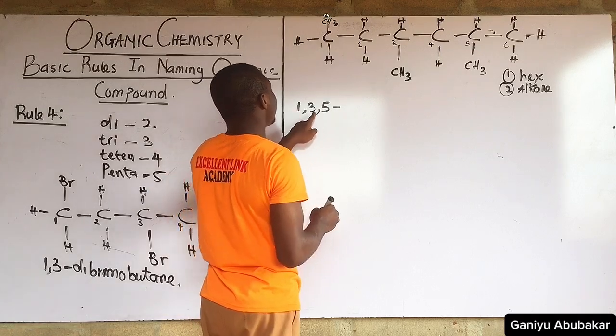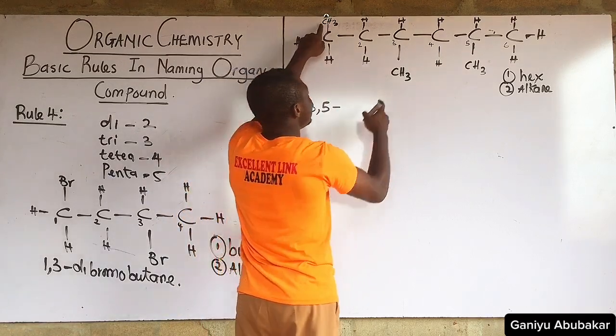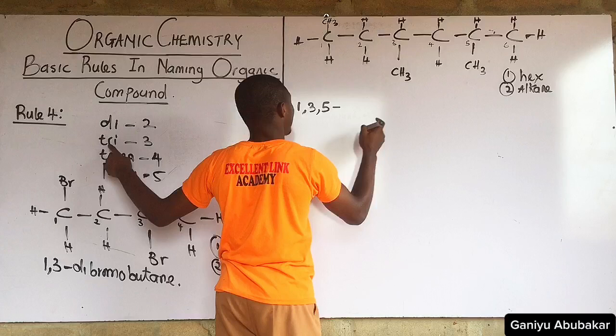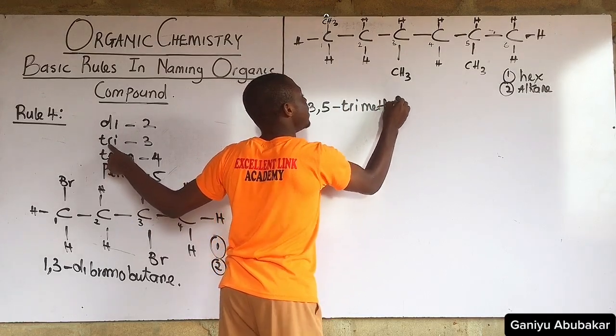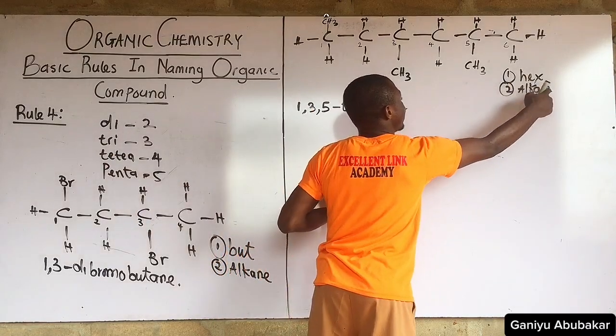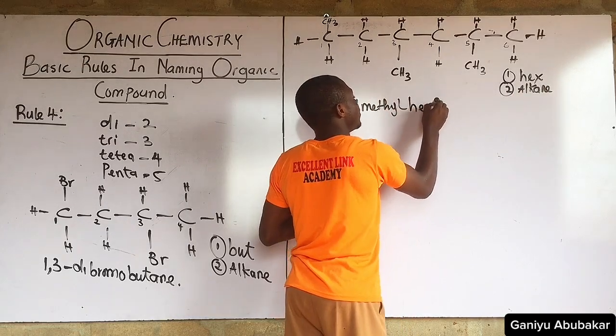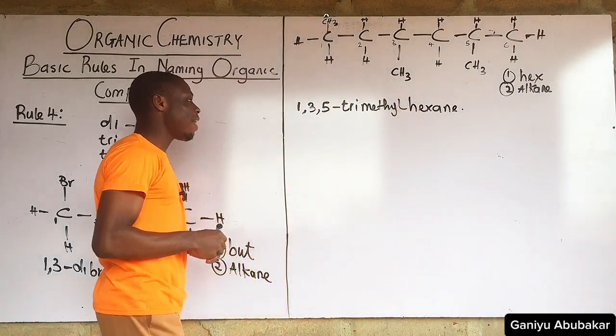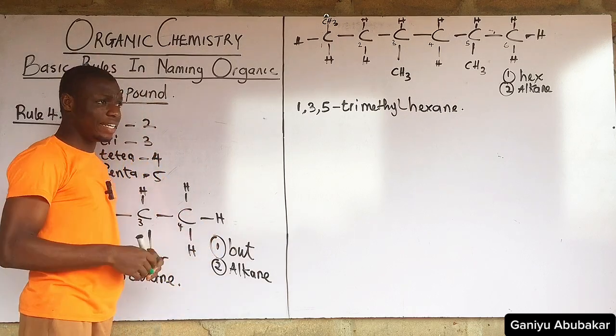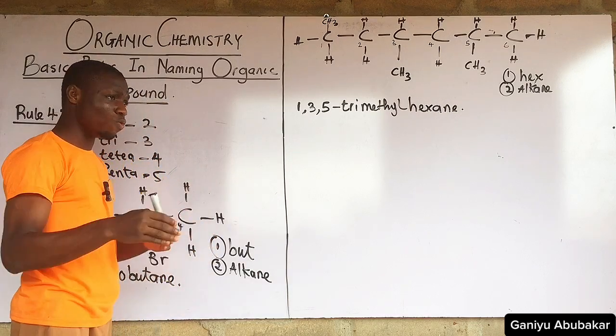It becomes 1, 3, 5. This is methyl. There are 3. That becomes trimethyl. Next up, hexane. So this compound is called 1,3,5-trimethylhexane.